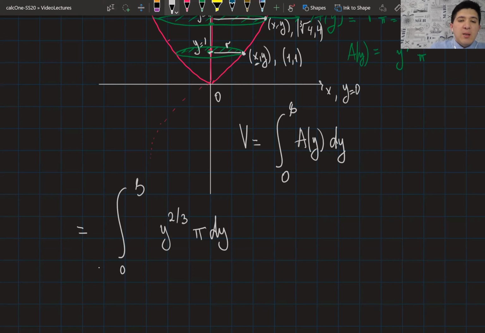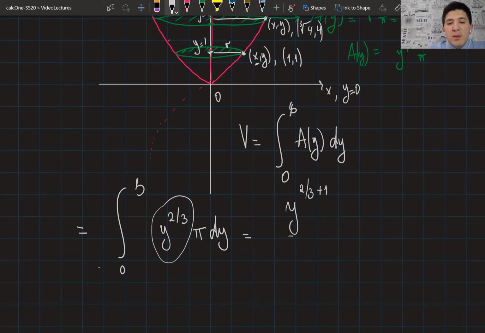We take the pi out of the integration, and we have to integrate this y. We're going to just use the formula for the integration of power functions. It's going to be y to the power of 2 over 3 plus 1, divided by 2 over 3 plus 1, all multiplied by pi. We have to put in 0 and 8.